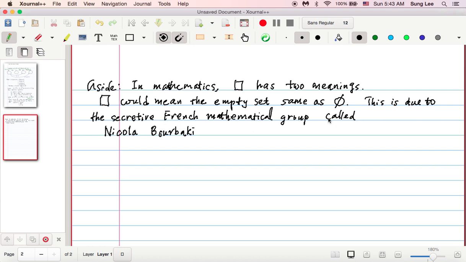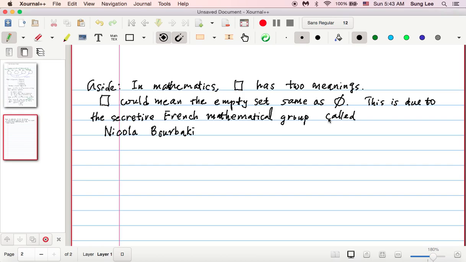But those particularly great French mathematicians, you can probably easily guess that they are or were members of Nicolas Bourbaki.